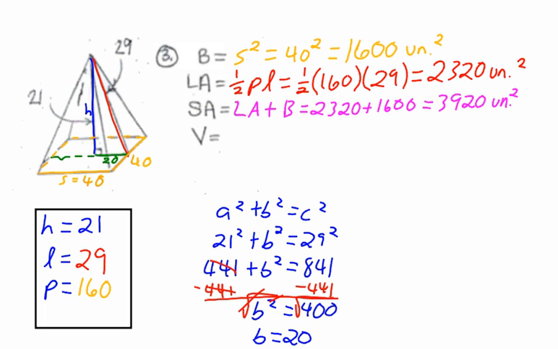Finally, the volume. Volume is 1/3 times the area of the base times the height. So 1/3, the area of the base up here in yellow is 1600. The height over here in my box is 21.